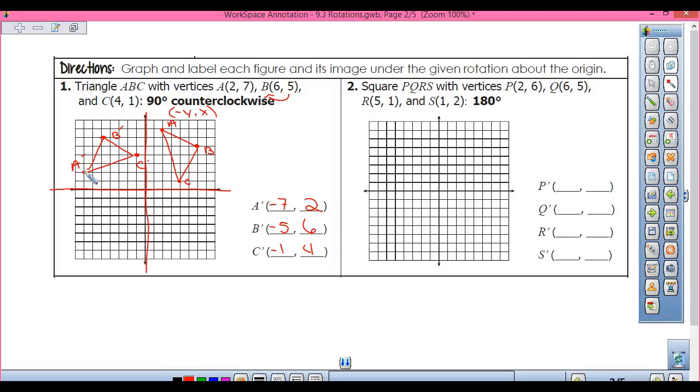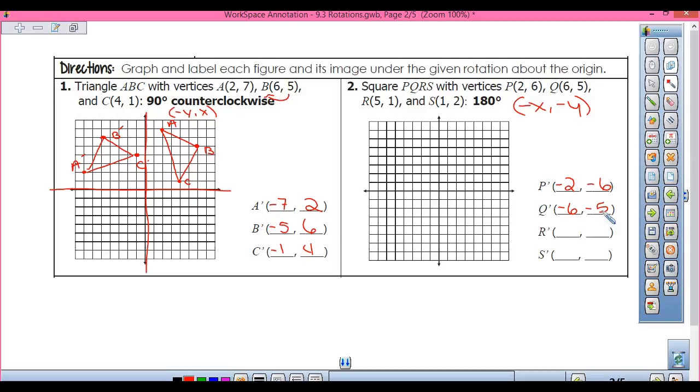What was my rule for 180 degrees? (Negative x, negative y), so it just makes both negative. So P prime is going to become negative 2, what? Negative 6. Q prime turns into, oh, careful. There you go, negative 6, negative 5, because x and y still stay in the same spot.